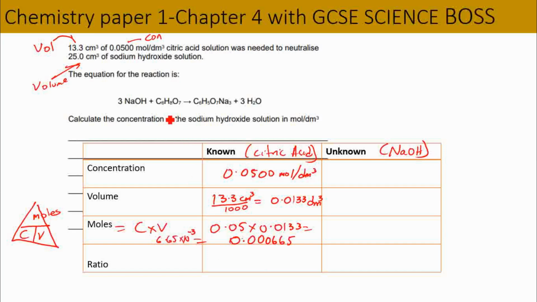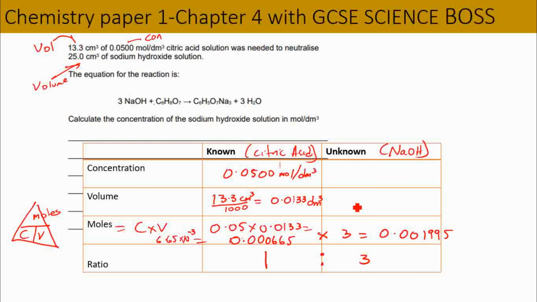Good. Now what's the ratio? If you have a look here, it's 1 to 3. For every 1 mole of citric acid, you need 3 moles of sodium hydroxide. So I need to times this number by 3, which gives me 0.001995, or 1.995 times 10 to the minus 3.